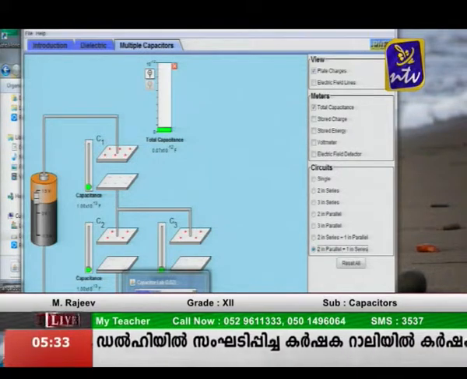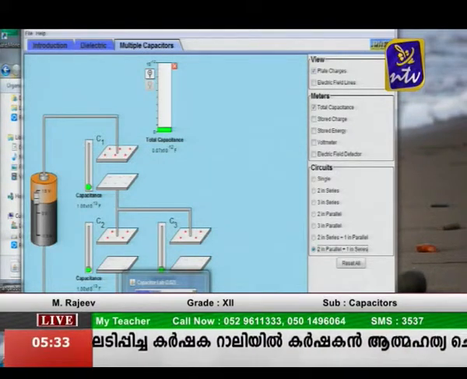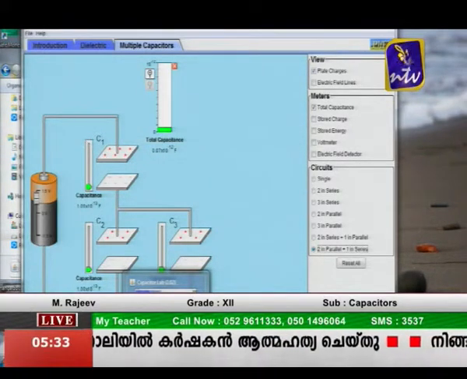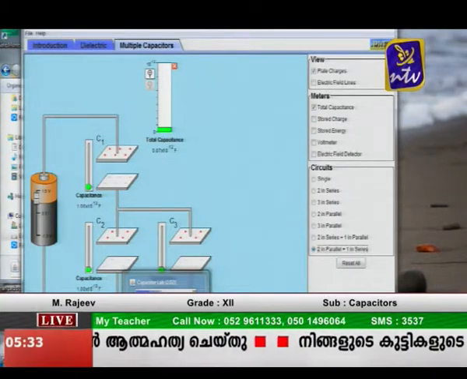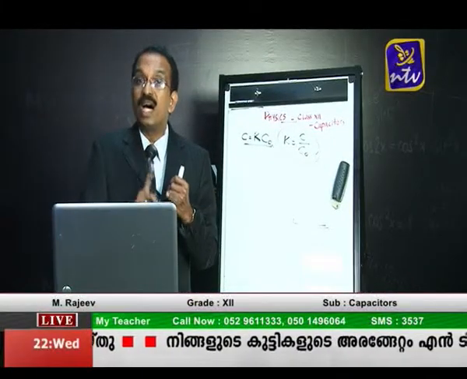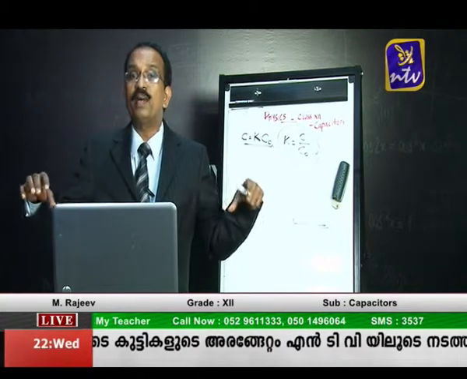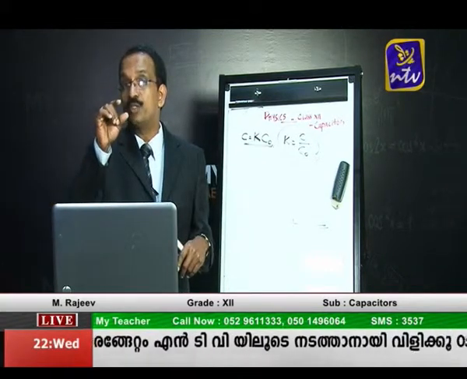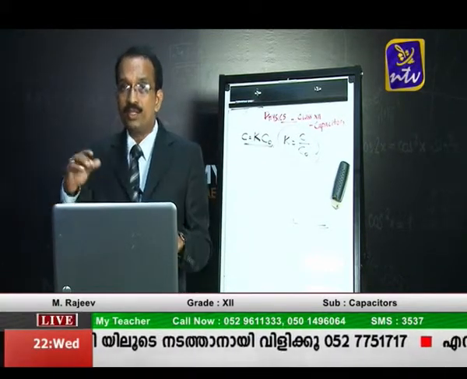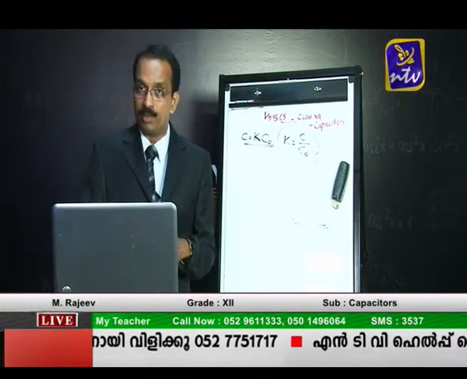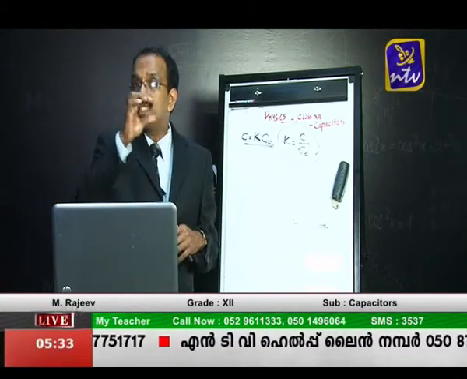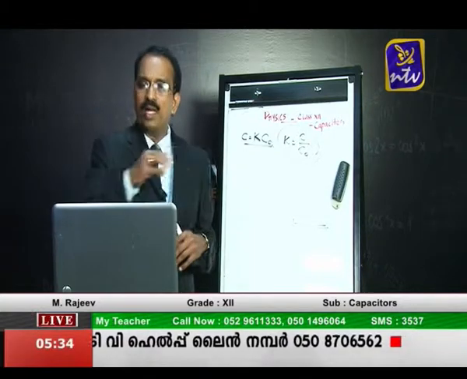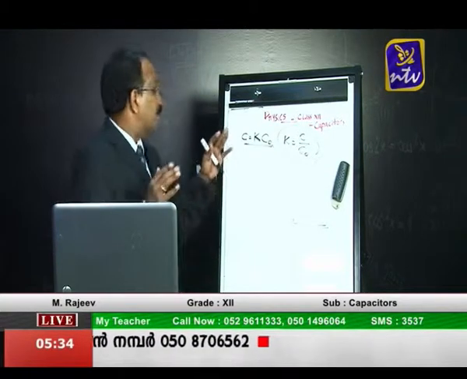A point very clearly you should be aware of is about the charge in every capacitor in series combination. This is something you have to clearly understand, because next session we are going to discuss some numerical problems. In a series combination all the capacitors will possess the same quantity of charge.